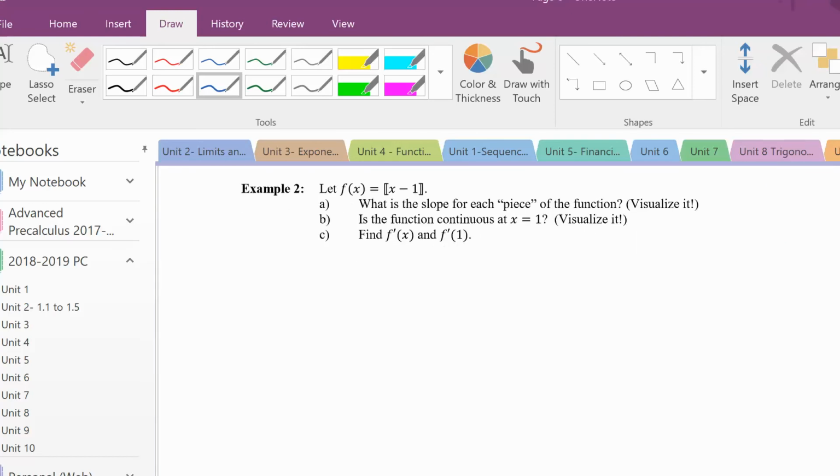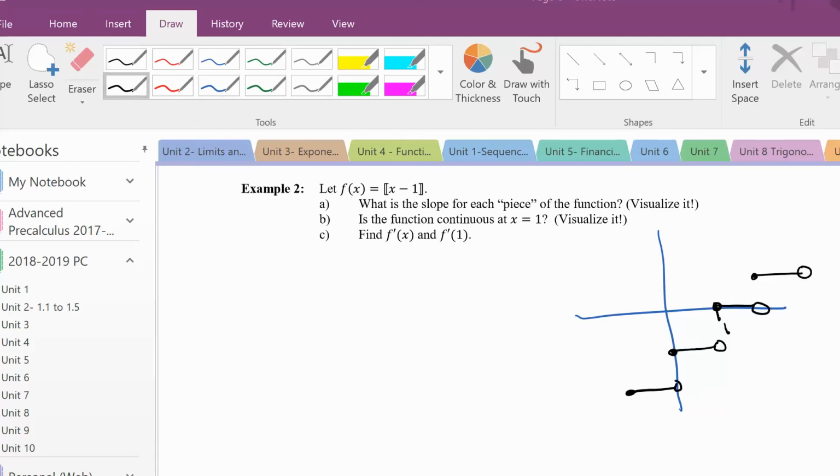The next one is a piecewise function. It might help if you draw it graphically, just to get an idea. So there's a rough sketch of what's happening. Notice, what is the slope for each piece?